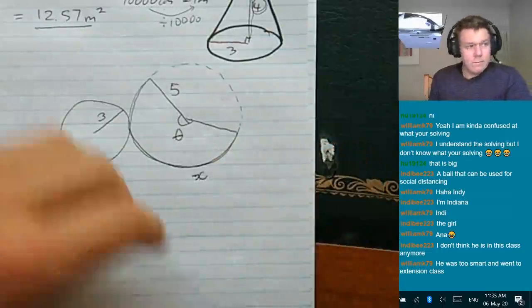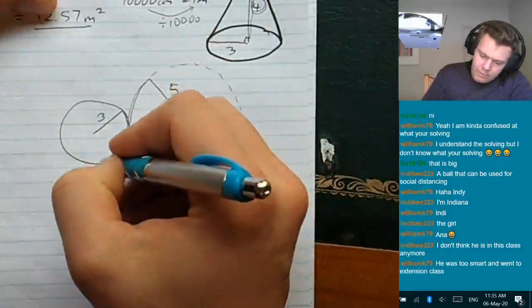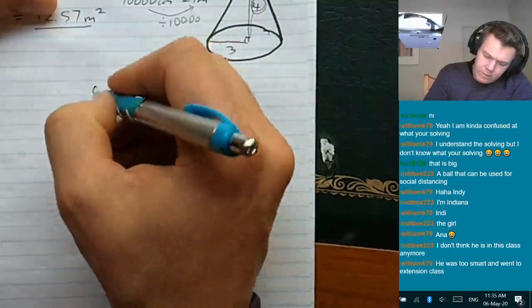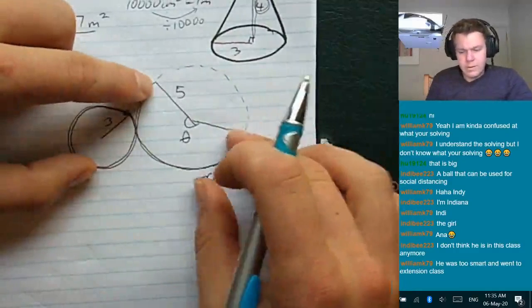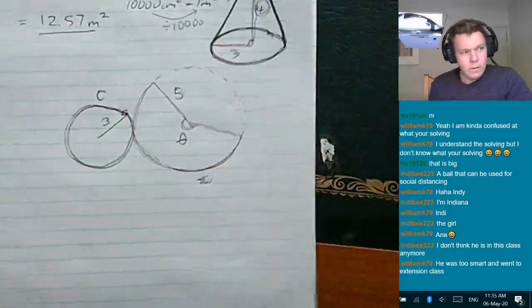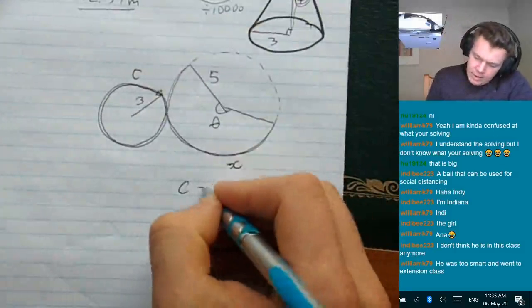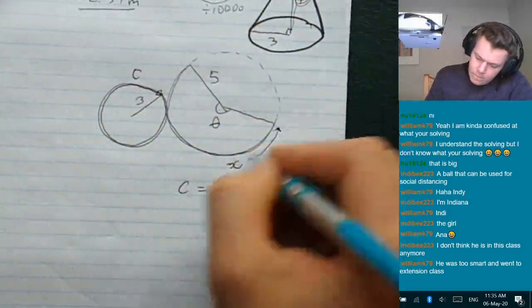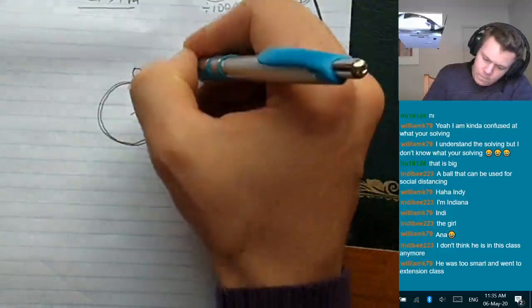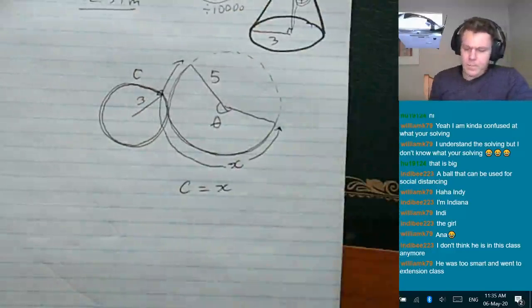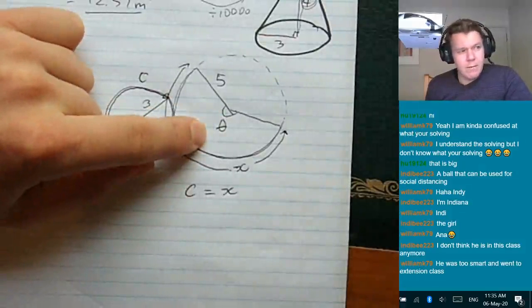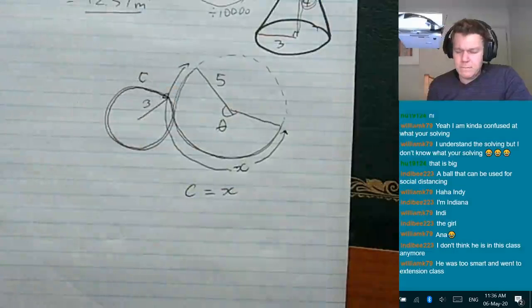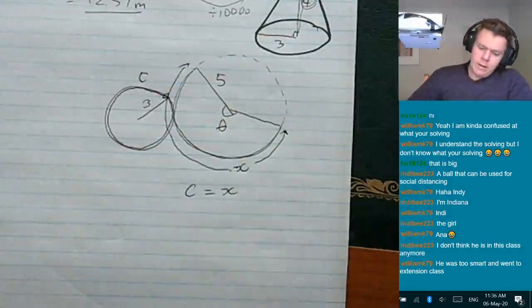This distance x is the same as the circumference, because this has to wrap all the way around the cone. So x equals c. Now the thing we need to figure out is how big of an angle this goes through, and that is quite a problem.